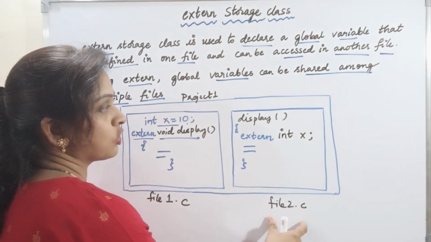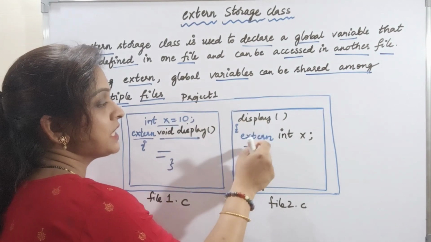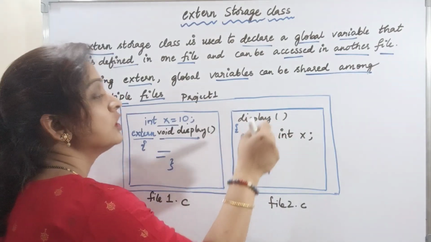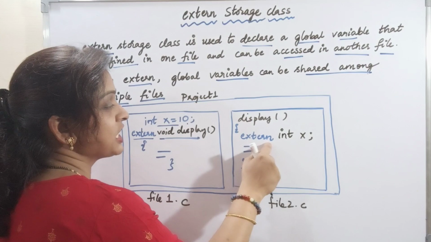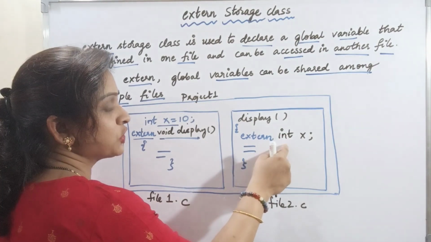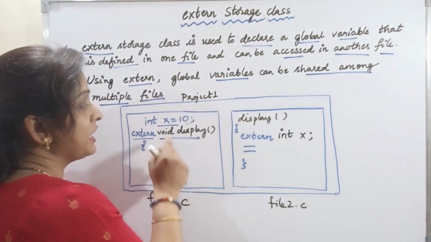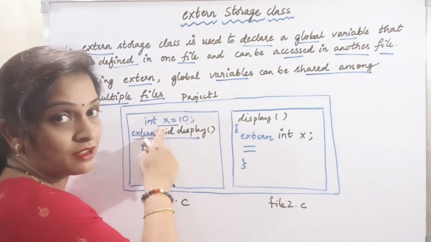In file2.c we have a display function. In the display function, we say extern int x, indicating that this function should use this global variable. When I use this keyword extern, it is an indication to the compiler that during the linking phase, it has to link to this file and get access to this global variable.